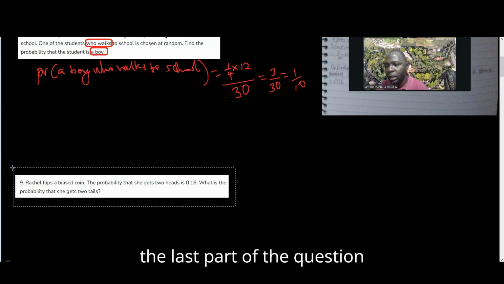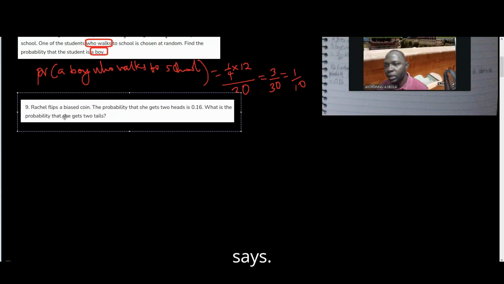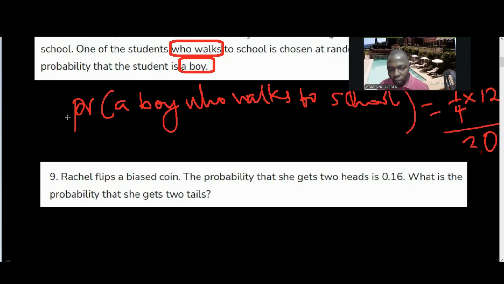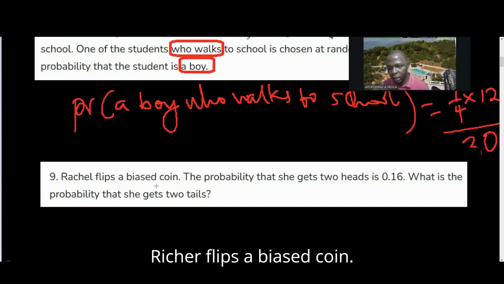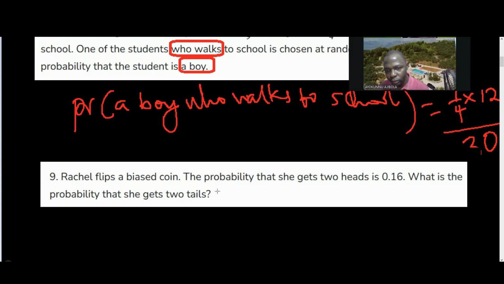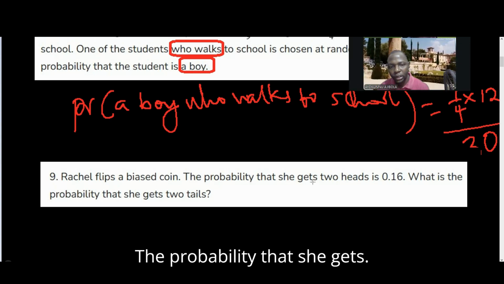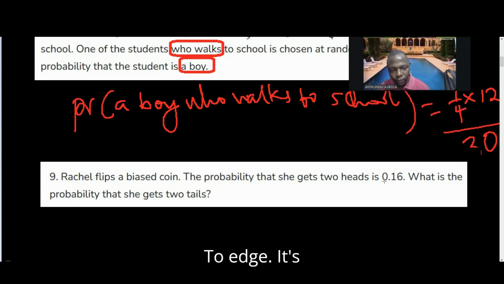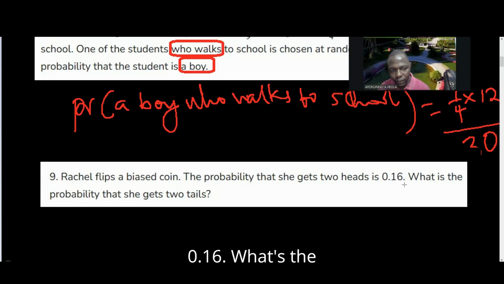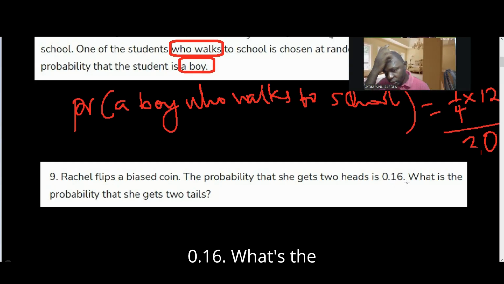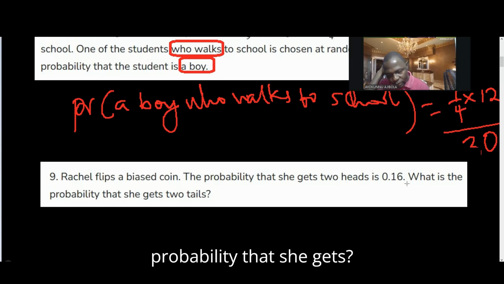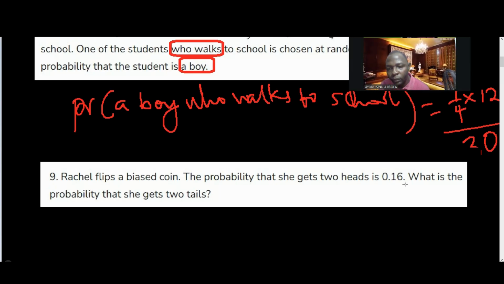So the last part of the question says Rachel flips a biased coin. The probability that she gets two heads is 0.16. What is the probability that she gets two tails?